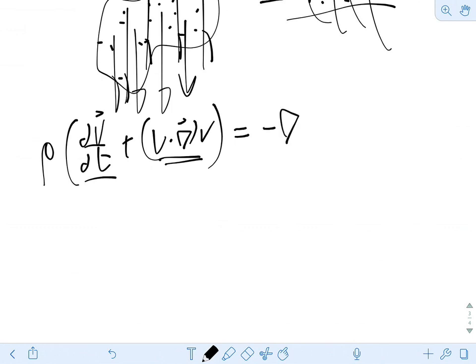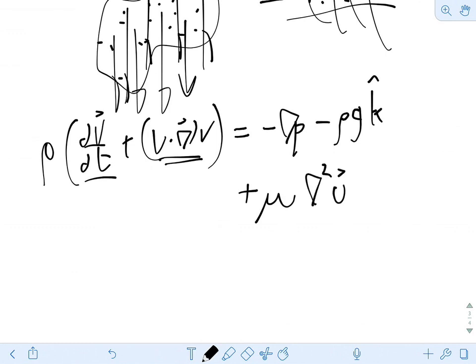You have your pressure gradient force, you have your gravity force. I'm going to put the k vertical direction unit vector there because it only acts in the vertical, only in the w momentum equation. You have your viscous force, mu del squared u, where mu is your coefficient of viscosity.